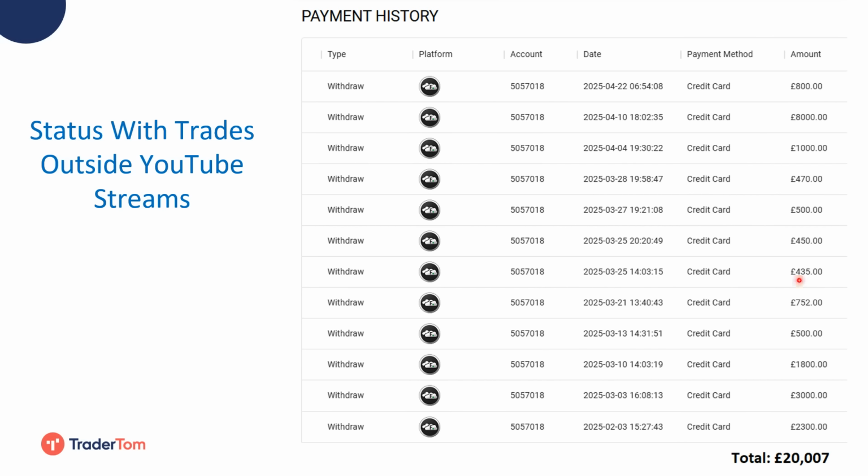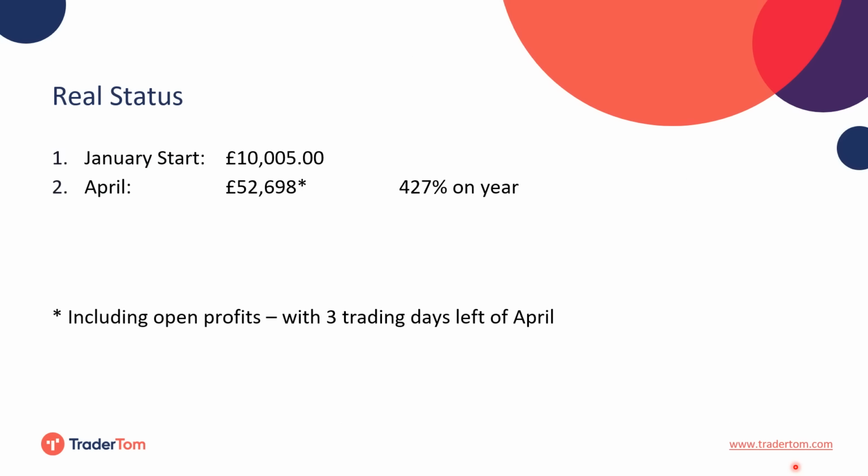The smaller ones are just things that happened in my lunch break, etc. But in total, you can add an additional £20,007 on top of the £31,000, which puts the total at 52,698, and that's with the open profits, which puts my account at 427% so far this year.